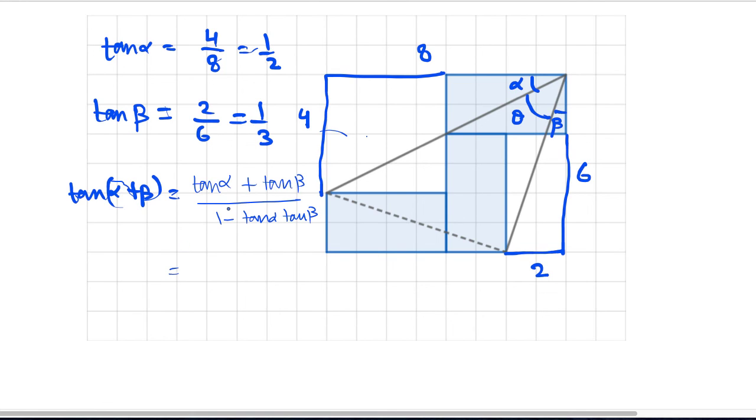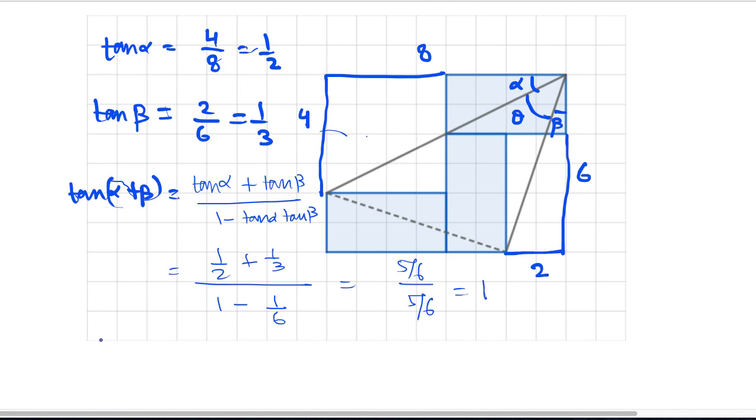Now let's simplify this. Tan alpha is half and tan beta is 1 by 3. 1 minus 1 by 6. If you simplify this, this gives you 5 by 6, and this also gives you 5 by 6, which is 1.